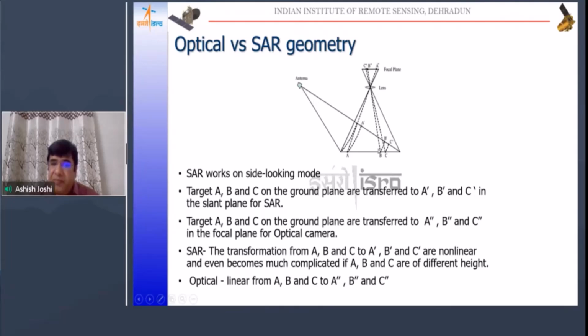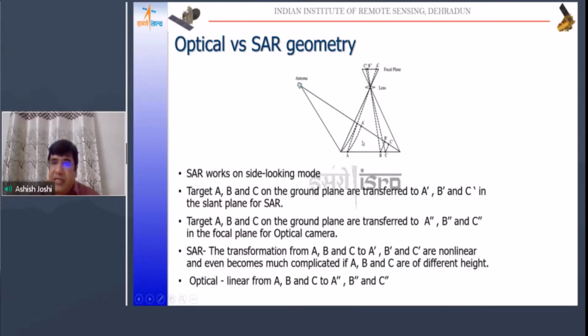If A, B and C are three targets, then in this side looking geometry mode they will be imaged in the slant range plane as A dash, B dash and C dash. This is called the slant range geometry of the SAR.